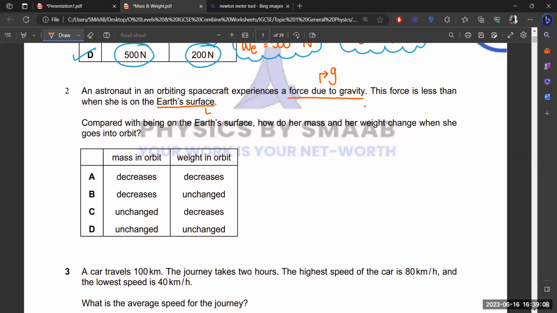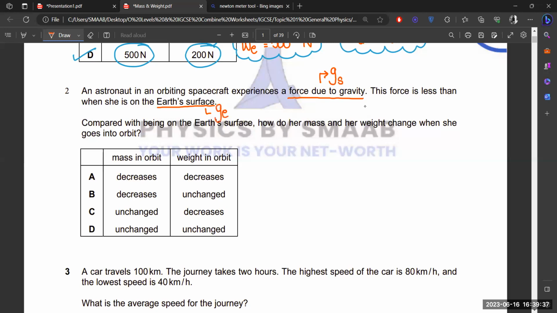Compared with being on Earth's surface, how do her mass and her weight change when she goes into orbit? So basically, they are saying that the force of gravity is less on the spacecraft where the astronaut is orbiting, right?